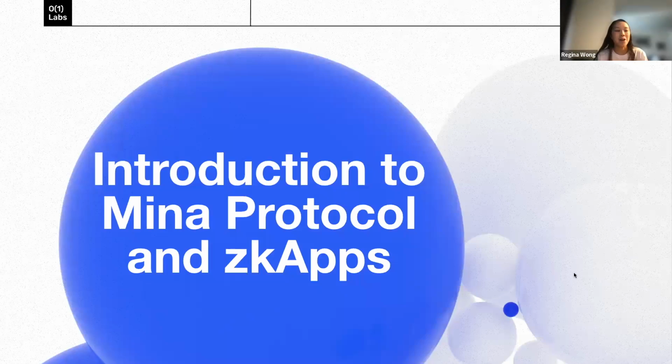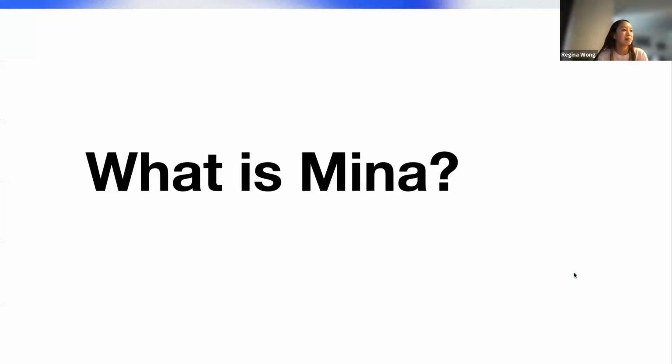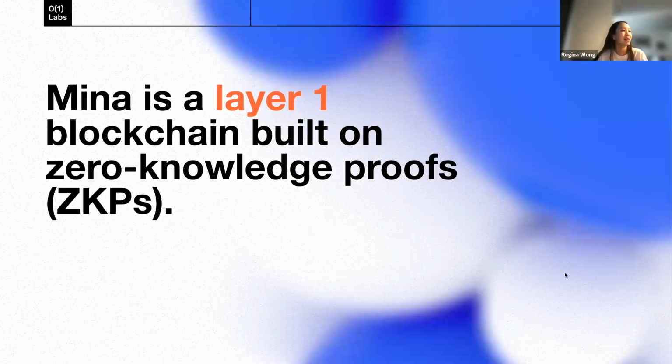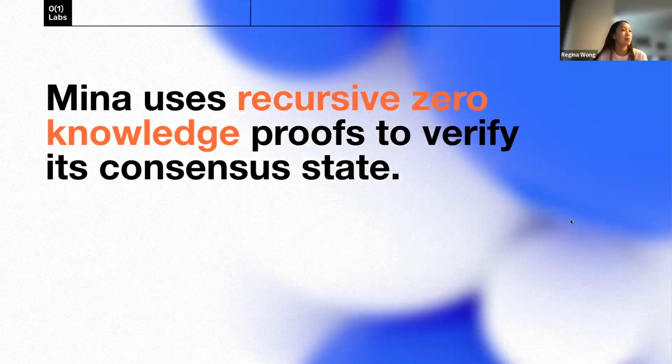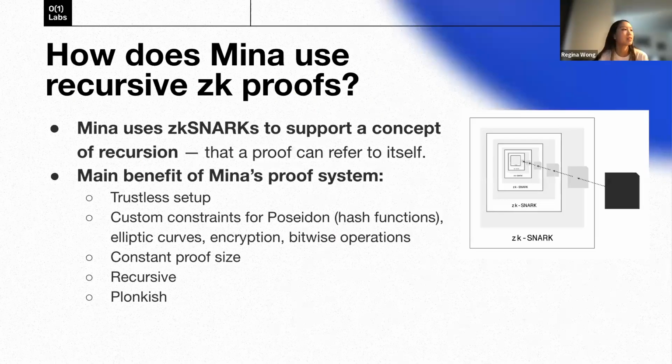Now we're going to introduce what Mina Protocol is and what ZK apps are. So what is Mina? Mina is a layer 1 blockchain built on zero-knowledge proofs. We use recursive zero-knowledge proofs to verify the state. And how does Mina use recursive zero-knowledge proofs?